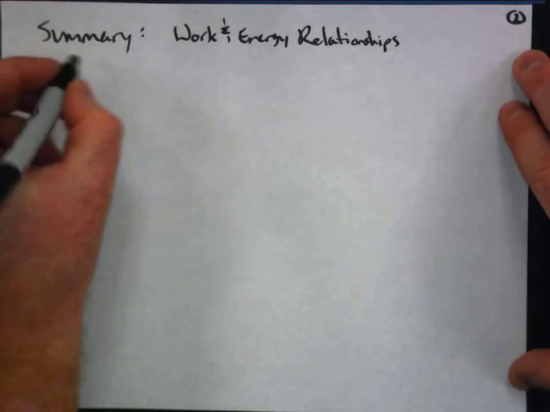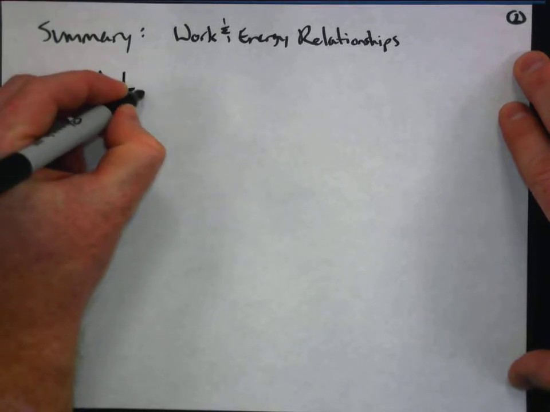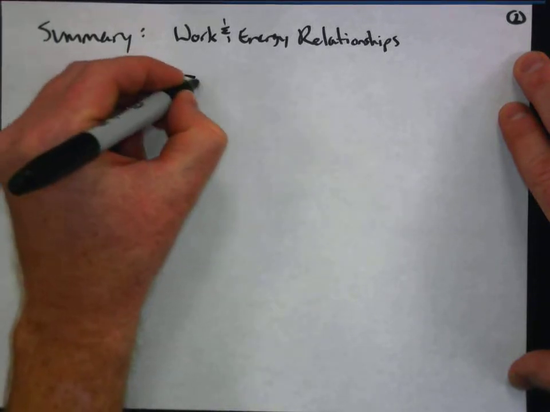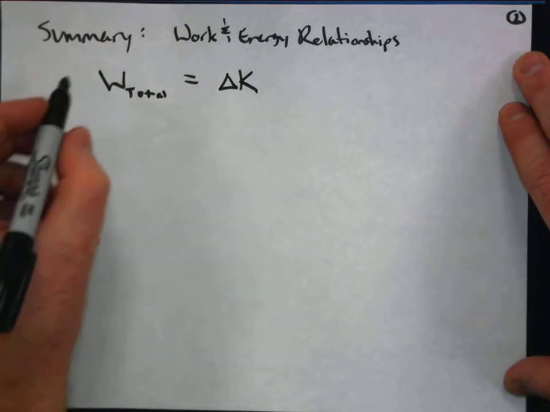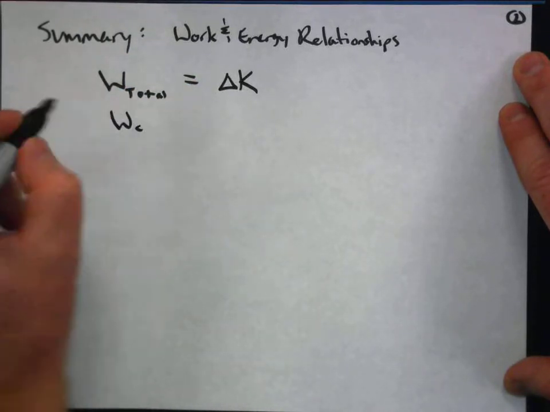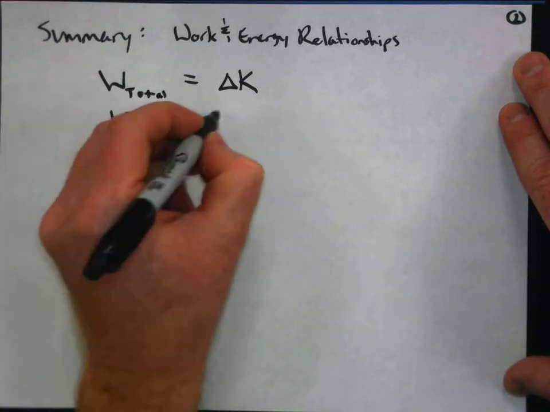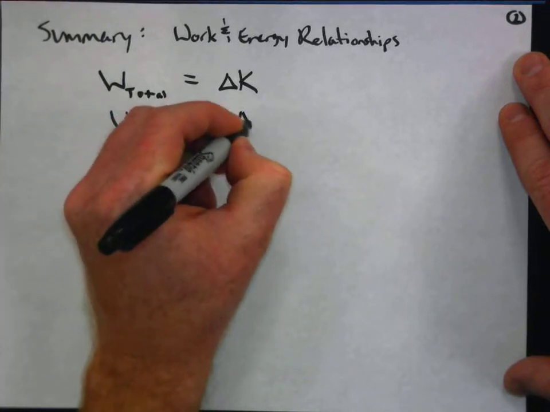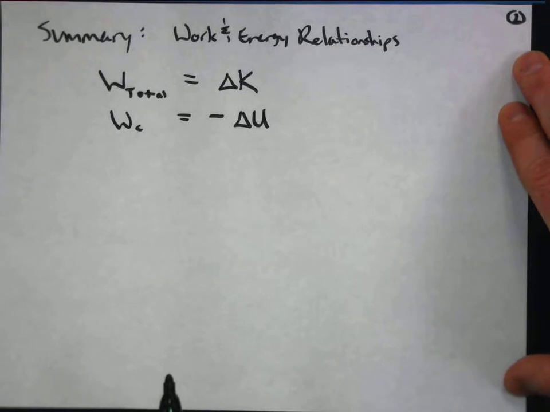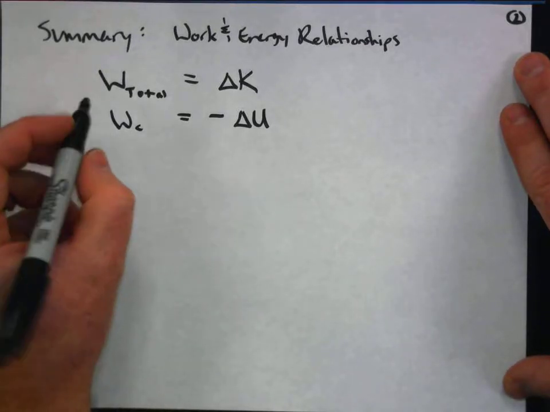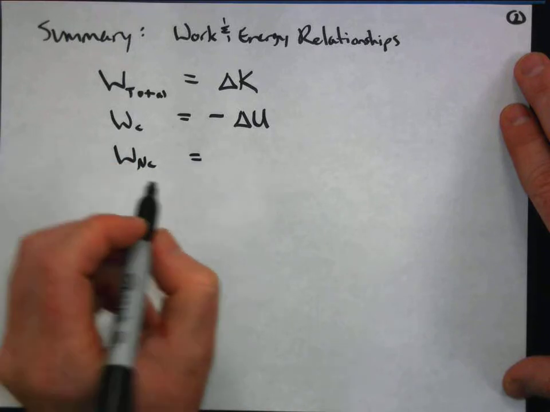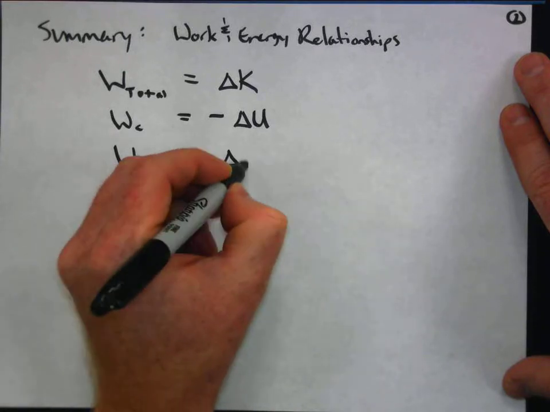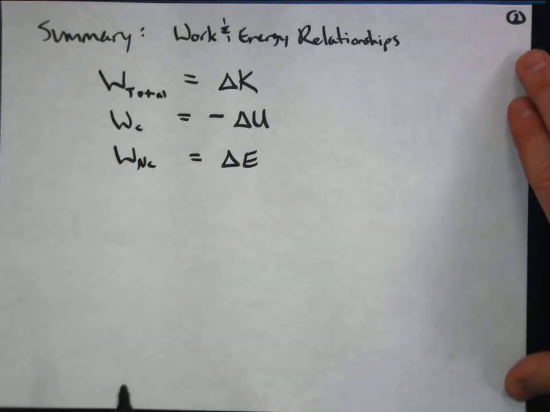We know that total work is going to be equal to the amount of change in kinetic energy of the system. We know that the work done by conservative forces is going to be equal to the opposite of the change in potential energy of the system. And we now know that the work done by non-conservative forces is going to be equal to the change in total mechanical energy of the system.